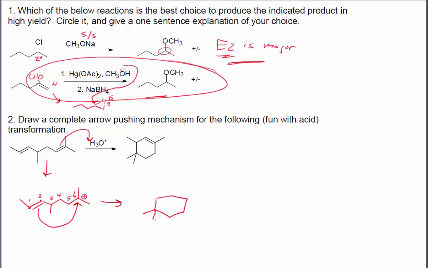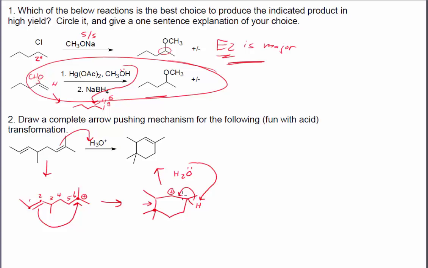And I can put carbon 6 right here where the cation used to be, and then carbon 1 made this bond, and there's now a cation at 2, and then 3 has a methyl group. And the final step could be proton transfer. If you want to rearrange to make a tertiary cation and then do the proton transfer, you can, but I don't think we really need to do that.